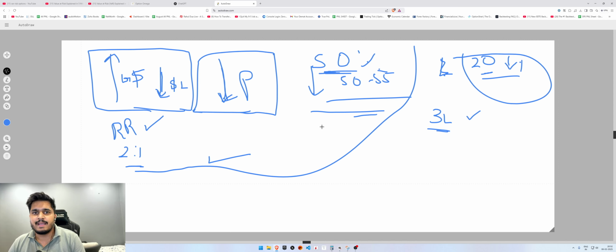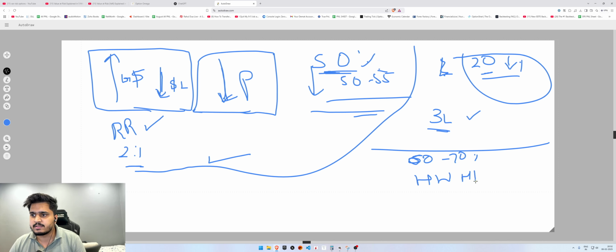The next strategy that I want to bring in is probably your banger strategy. The way I look at that strategy is anything in the range of 55, or let's say 60% to 70% win rate, with a high win and a high loss. Generally 1:1 RR.